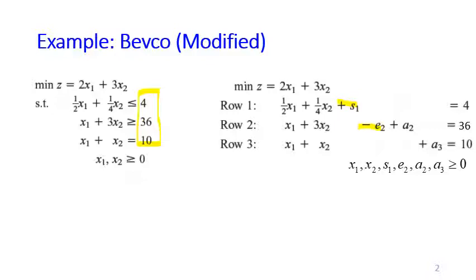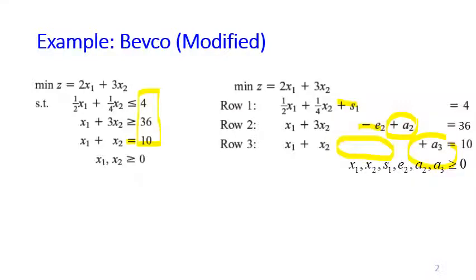And then you add artificial variable where you have the excess, and then you add artificial variable again because the third constraint is an equality, and here you don't have any variable that can be a basic variable.